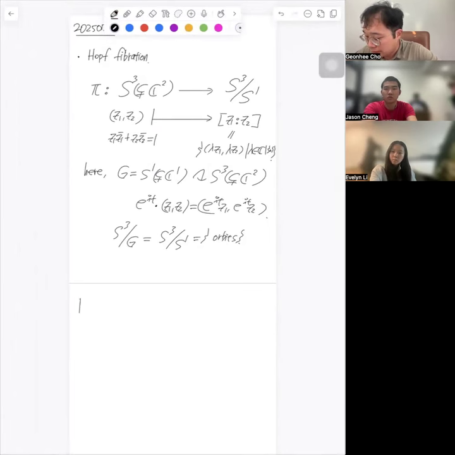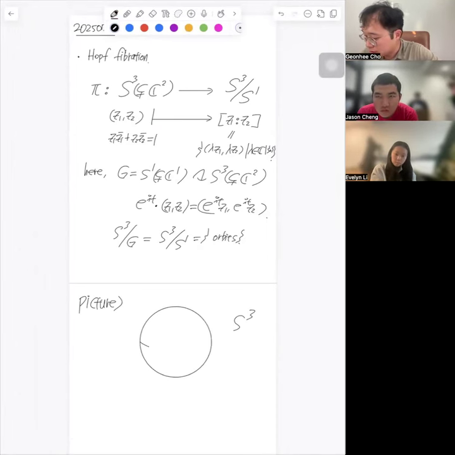I'm really bad at drawing. But you should think of S3 as indeed a three-dimensional sphere first. So this is not in R3 but in R4. Is that okay with you? And then you choose the point z1, comma z2 like this, and the group action by S1 gives you the gray circle like this.